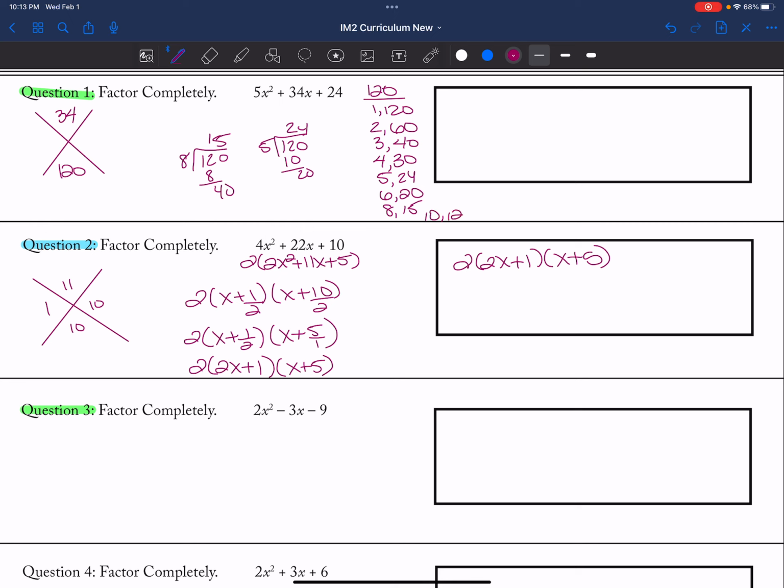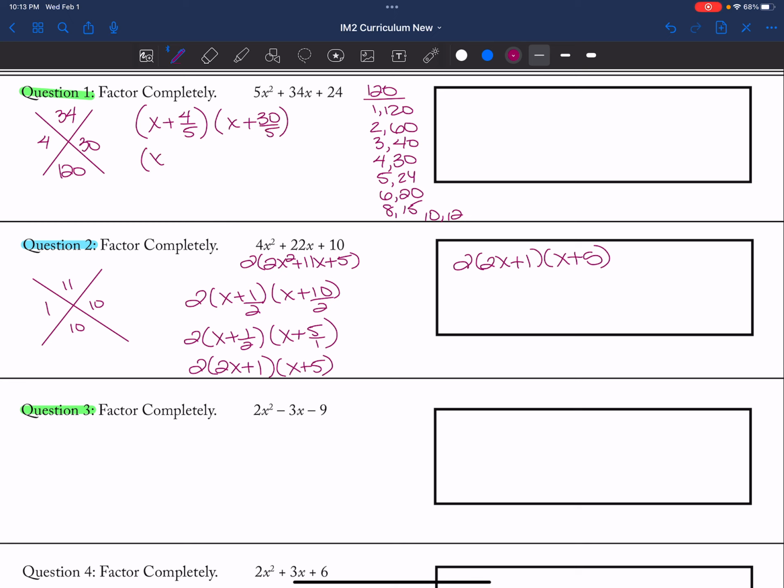Okay. And so I'm trying to make 34. I could use 4 and 30. So then I'd have my x plus 4 over 5, and then my x plus 30 over 5.